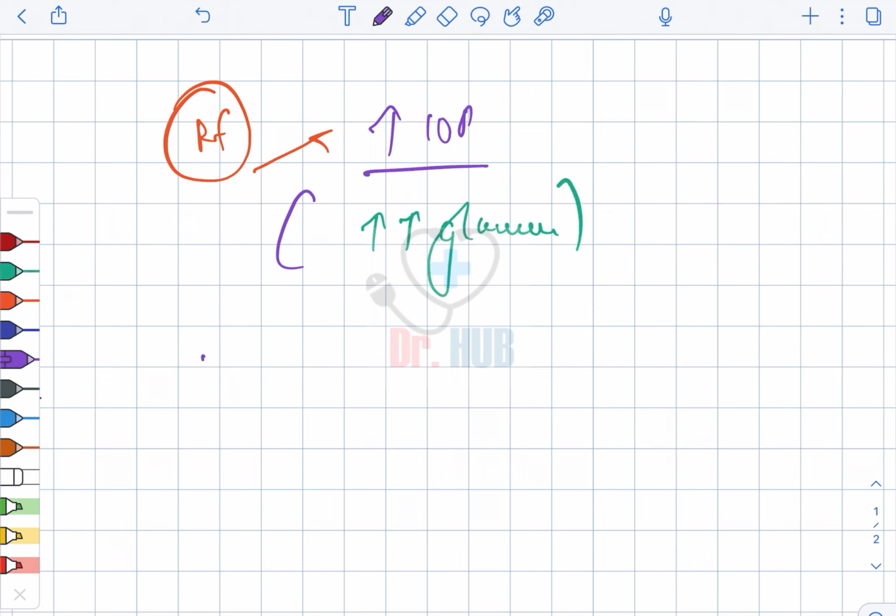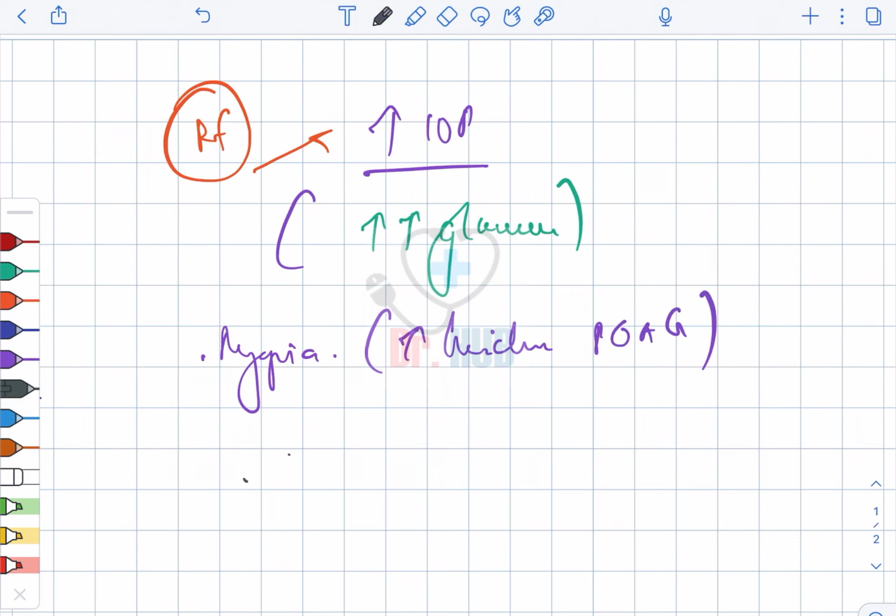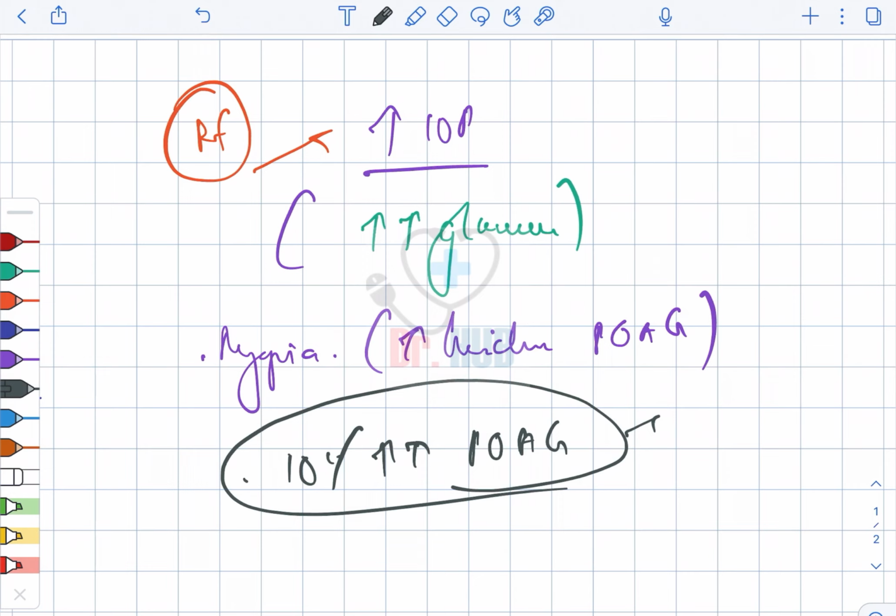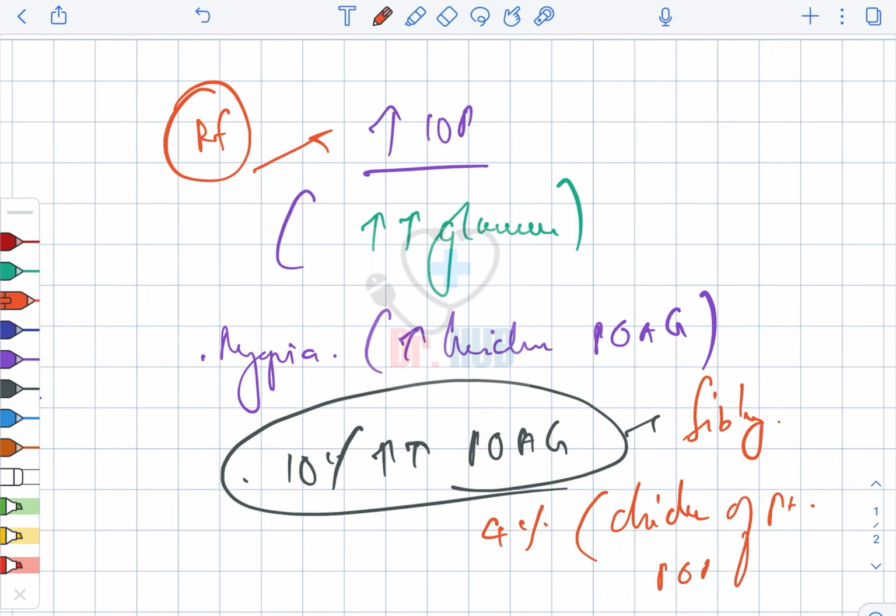Next, myopia is associated with an increased incidence of POAG. There is a 10% increased risk of POAG in siblings, and a 4% increased risk in children of the patients of POAG.